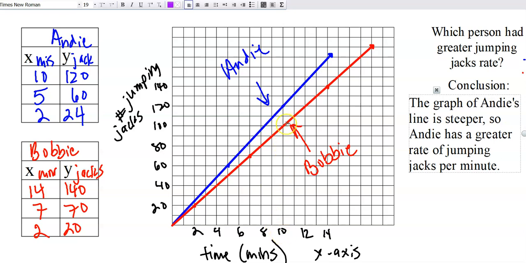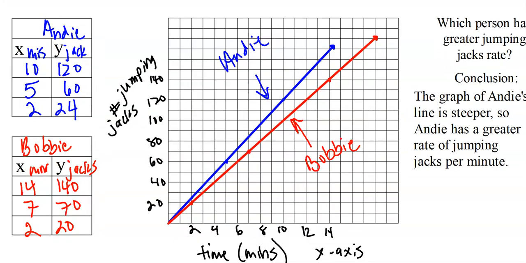If I look at 10 minutes for Bobby, it's down here at 100, right? So I go like this. After 10 minutes, Bobby is here at 100 and Andy is up here at 120. Every single point along Andy's line, except for down here at 0, is going to be higher than Bobby's. So Andy has a faster unit rate and is doing more jumping jacks per minute.